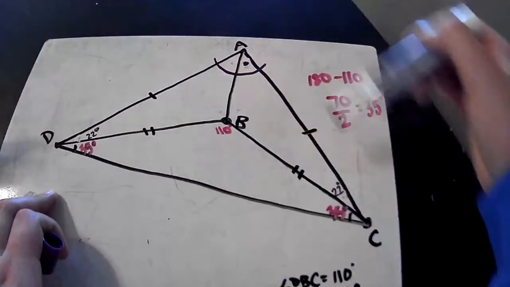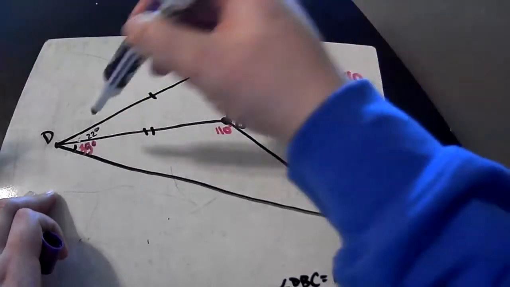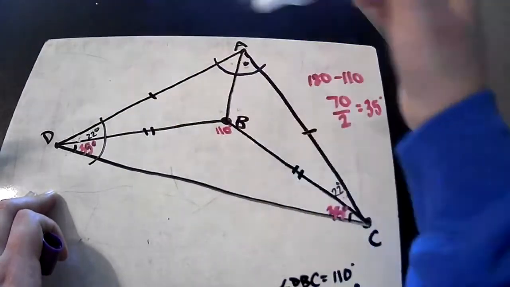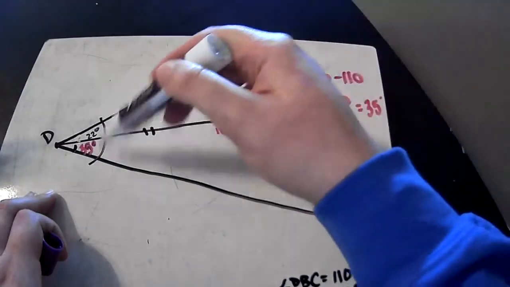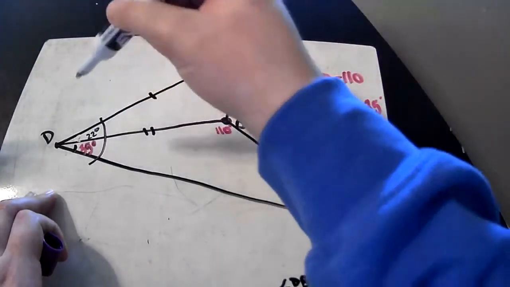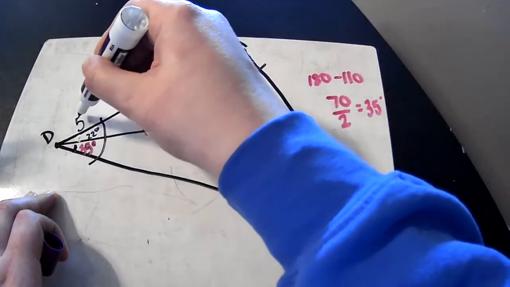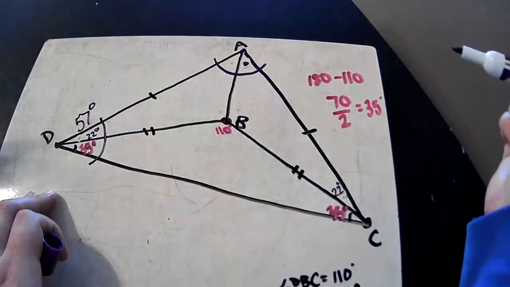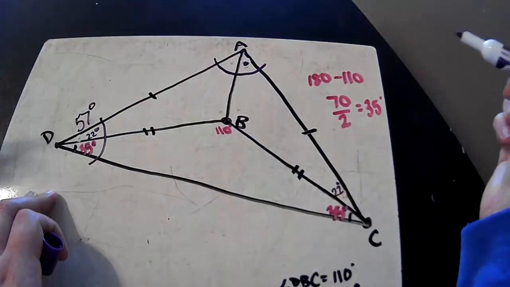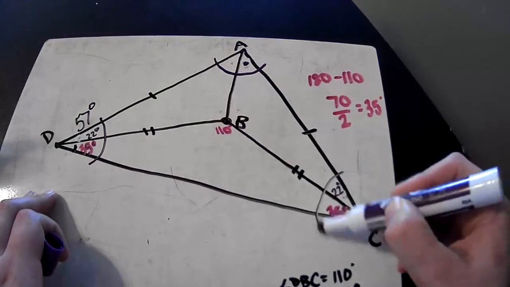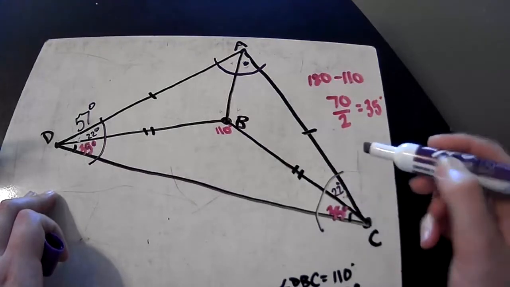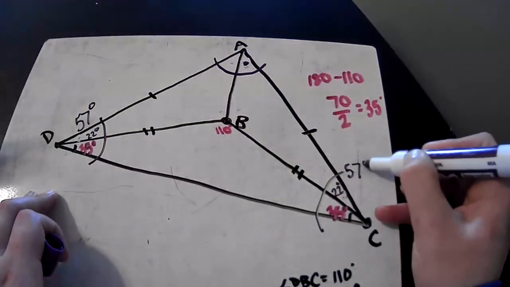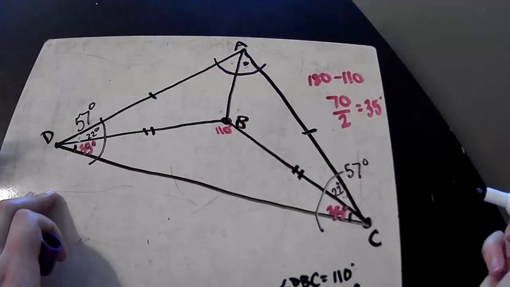I know that the whole angle ADC, 22 plus 35, is going to give me 57 degrees for that whole angle. Over here on angle C, if I do the exact same thing, 22 plus 35 is going to give me 57 degrees for the measure of that whole angle.